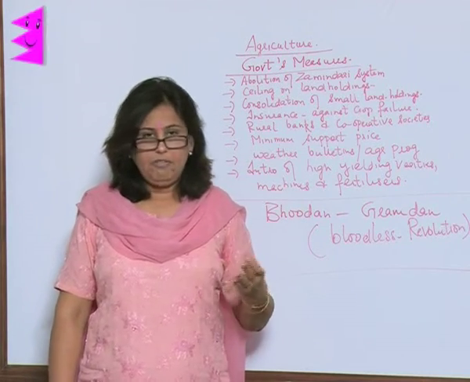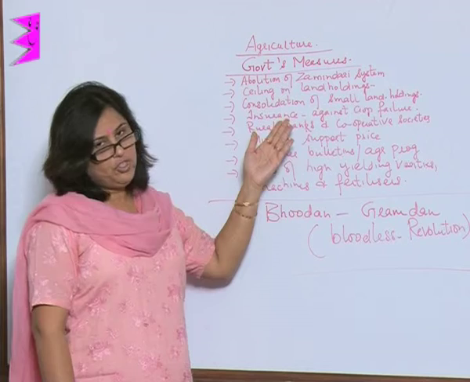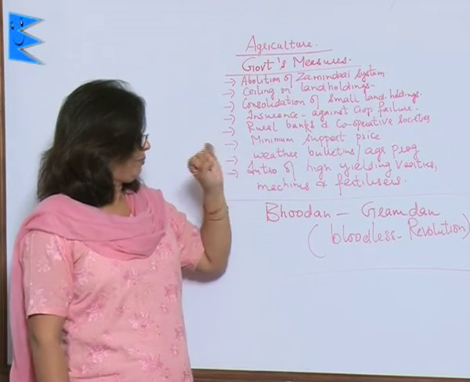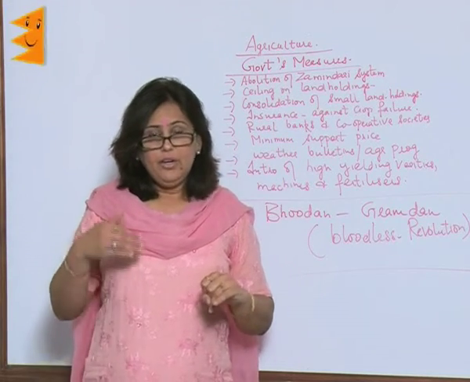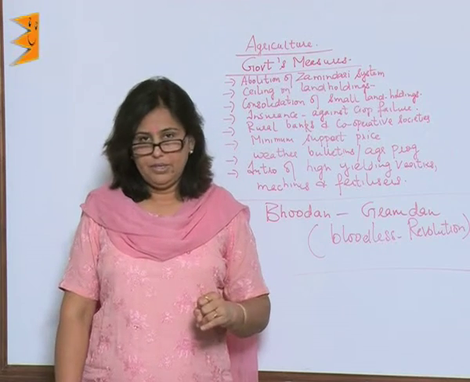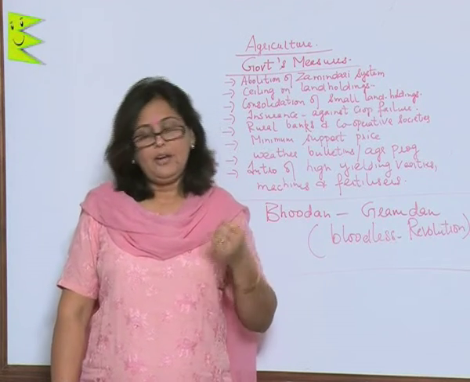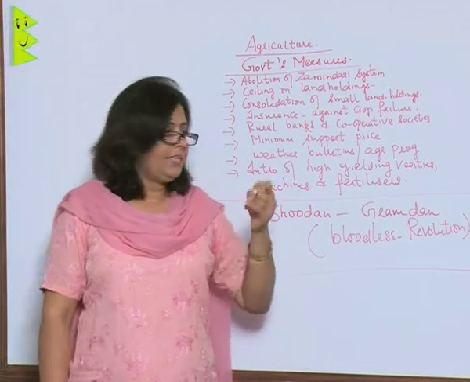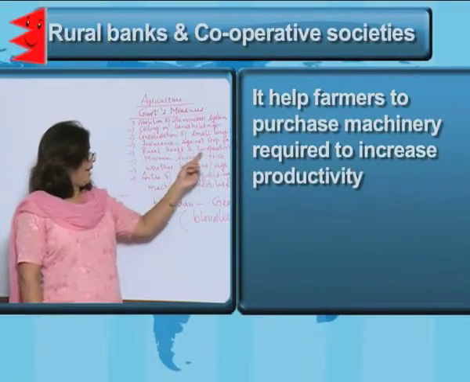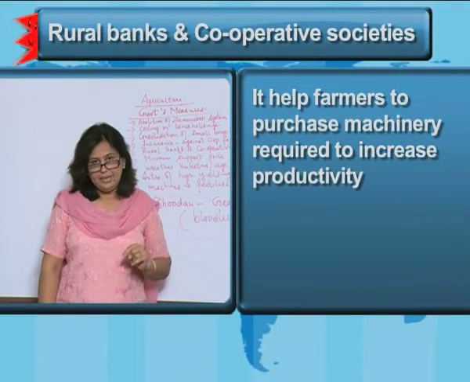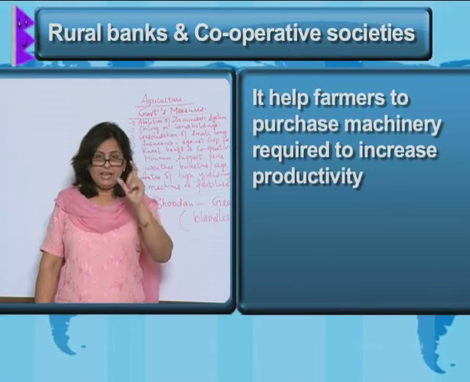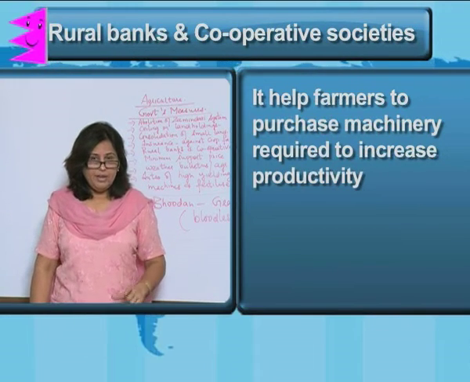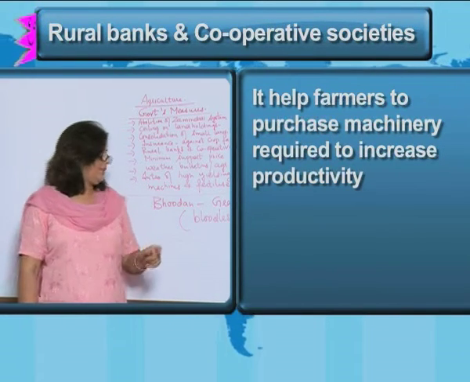If there is a failure of crop, there is insurance against it. The government, in order to give loans to the farmers for agriculture and also for other purposes, has started rural banks and cooperative societies which help the farmer to purchase the kind of machinery required for increasing production.